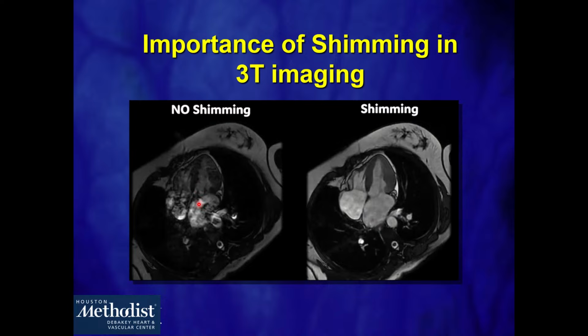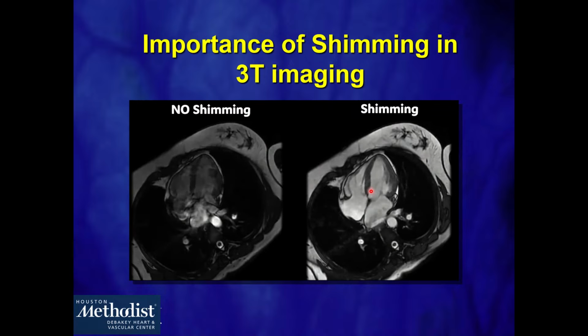Why are there black areas and white areas? It should be uniform. What's happening is that there is a lot of dephasing, meaning the protons are not subjected to a homogeneous magnetic field, but instead there is a lot of inhomogeneity. Once you apply those shimming coils, the same image becomes crisper, and you have a better signal to noise ratio. That's what it looks like without the shimming and then with the shimming.